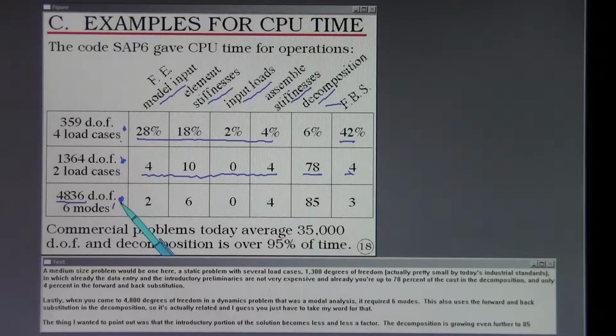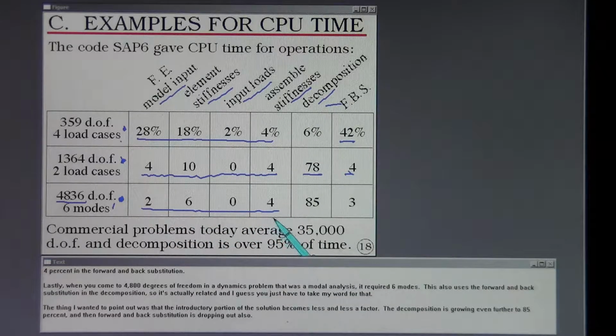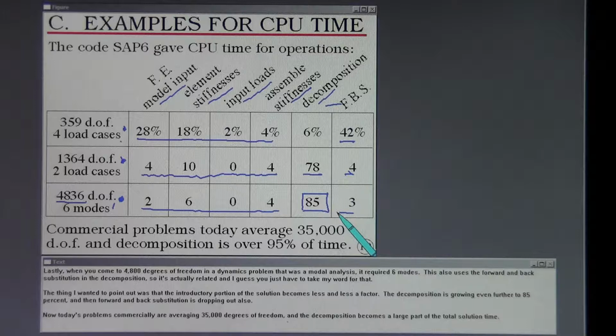This also uses the forward and back substitution and the decomposition, so it's actually related, and I guess you just have to take my word for that. The thing I wanted to point out was that the introductory portion of the solution becomes less and less a factor. The decomposition is growing even further to 85%, and then forward and back substitution is dropping out also. Now, today's problems commercially are averaging 35,000 degrees of freedom, and the decomposition becomes a large part of the total solution time.